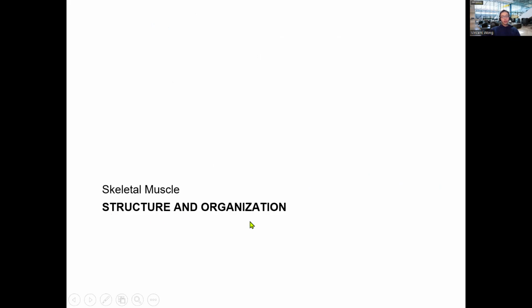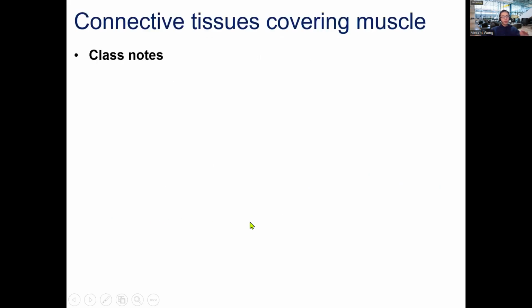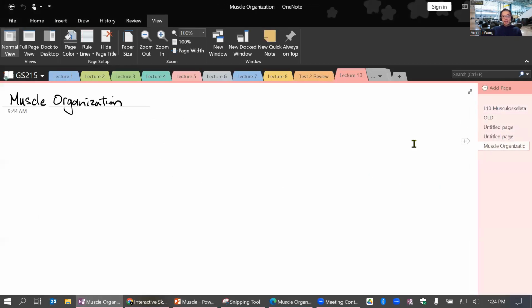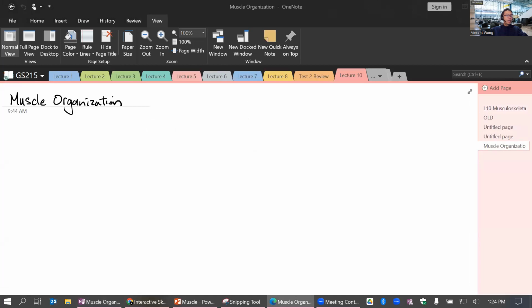Next, structure and organization. All right, so we're going to draw the organization of the muscle, and it's a little bit complicated, but I encourage you to draw along with me, and ask questions if things don't really make sense.